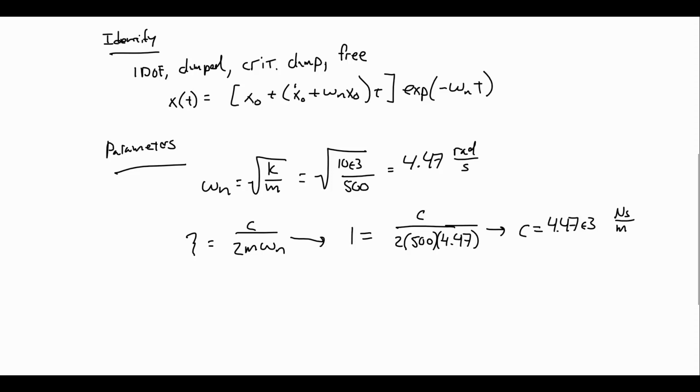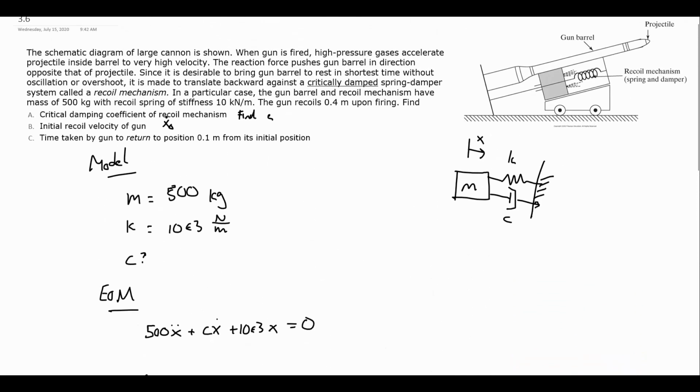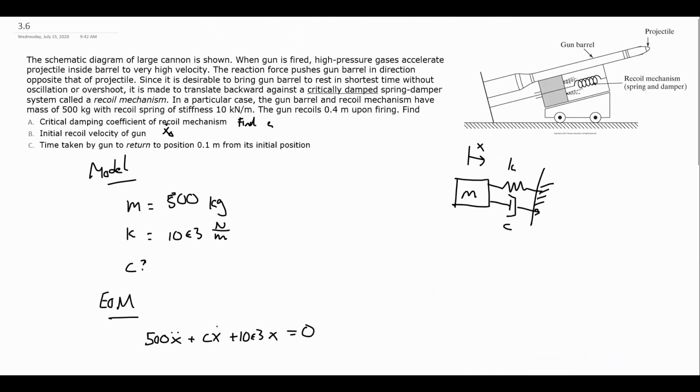So that actually is our answer already to part A. That's the C value we're going to need to ensure that using the given mass and the given spring constant, this gives us a critically damped system. So part A, we have answered. We know the critical damping coefficient.